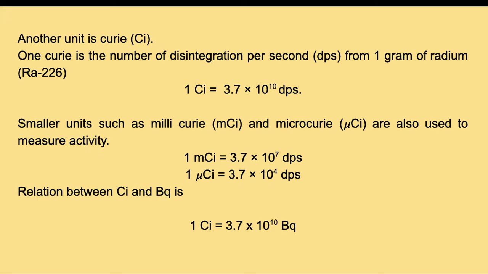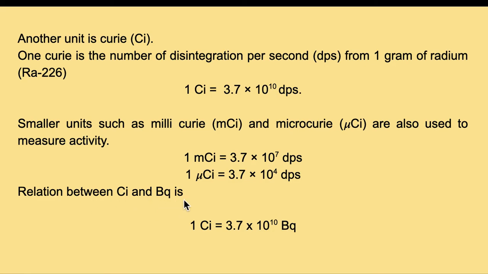And 1 curie is the number of disintegrations per second from 1 gram of radium, that is radium 226. And you can get the value as 1 curie is 3.7 into 10 raised to 10 disintegrations per second. And smaller units such as millicurie and microcurie are also used.